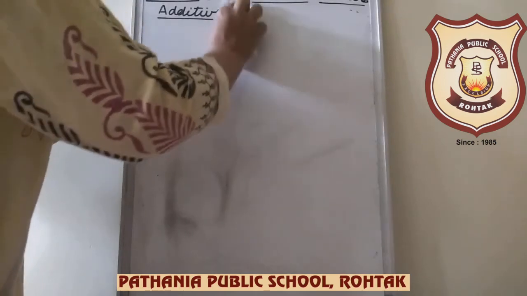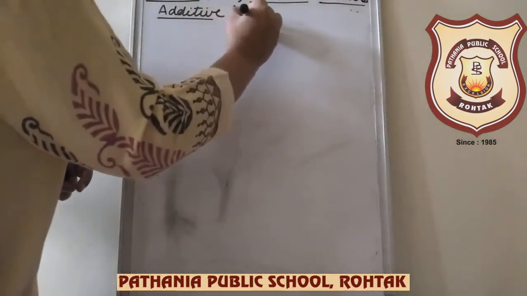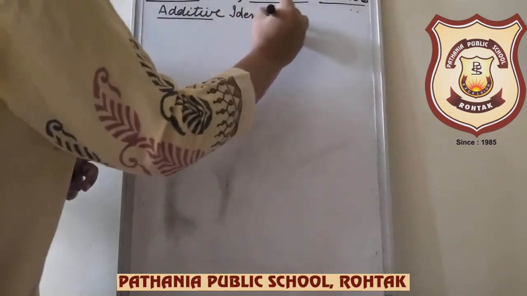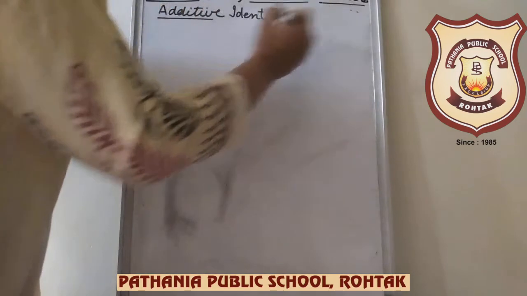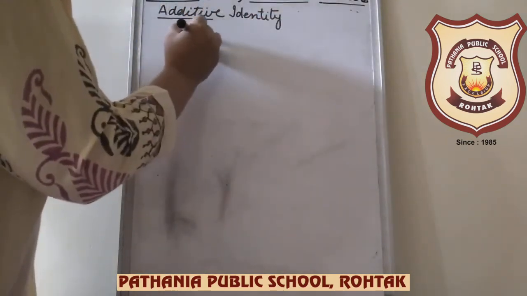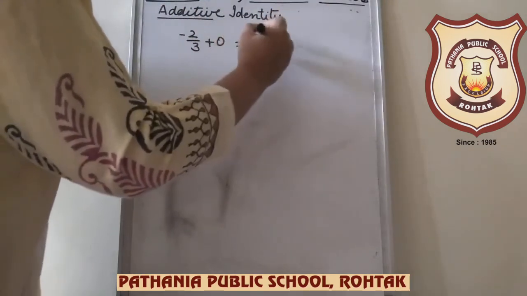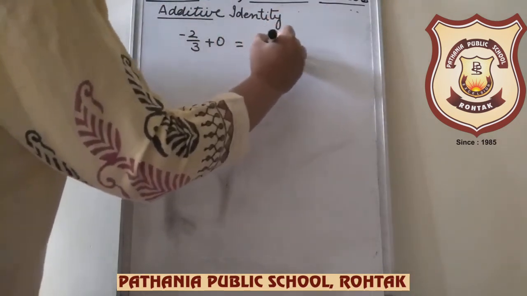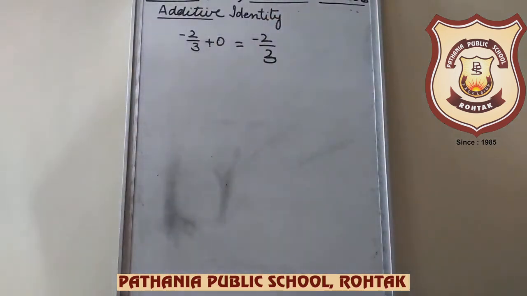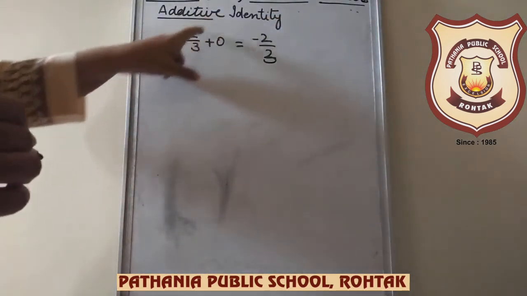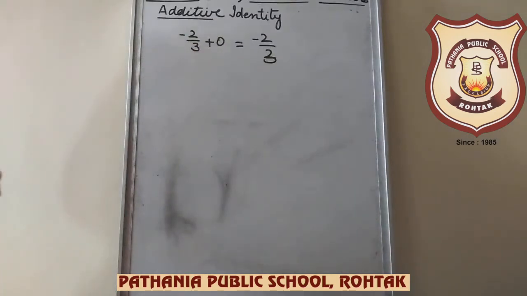Additive identity is zero. So if minus 2 upon 3 I add 0 to it, it will remain the same. No change will be there. So 0 is the additive identity. This you have done earlier also.